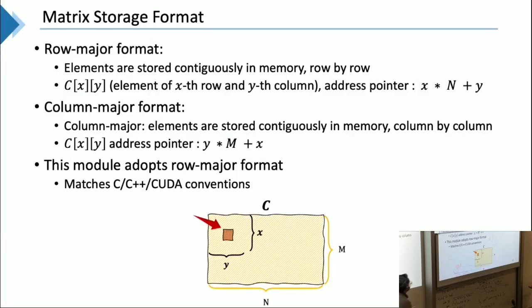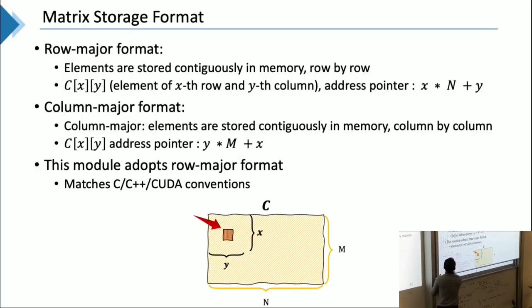Here is an example. Let's say we have a 2 by 2 matrix: 1, 2, 3, 4. In a continuous address space, the storage in row major will look like 1, 2, 3, 4. This is row major, because it is stored row by row.